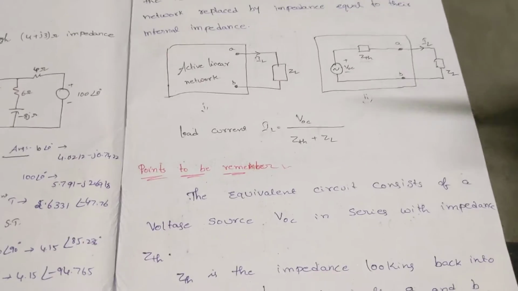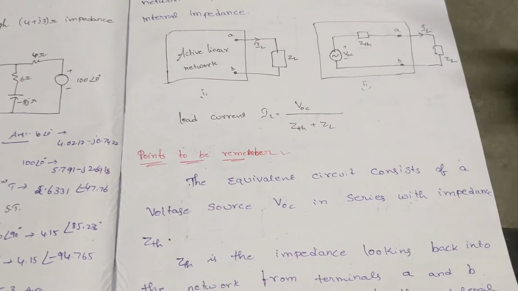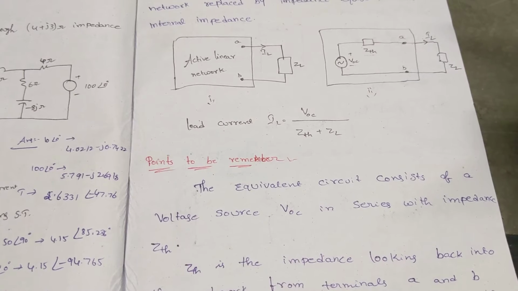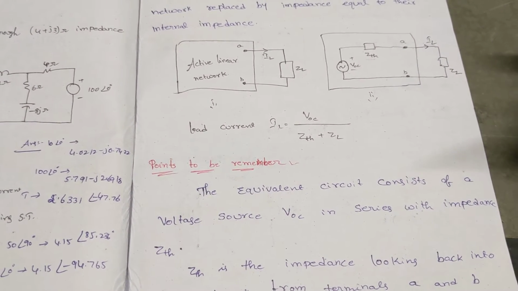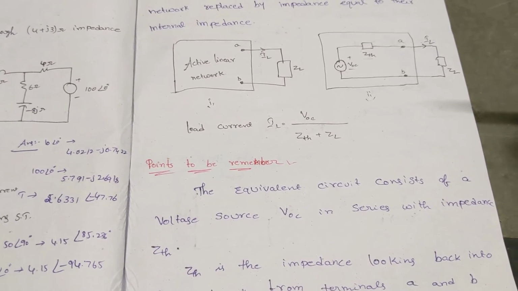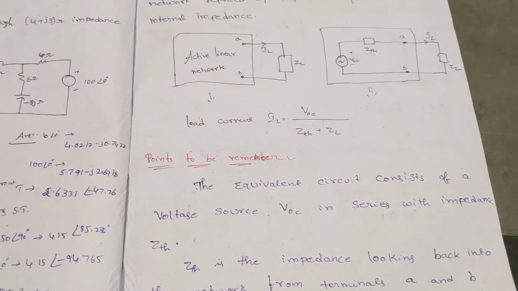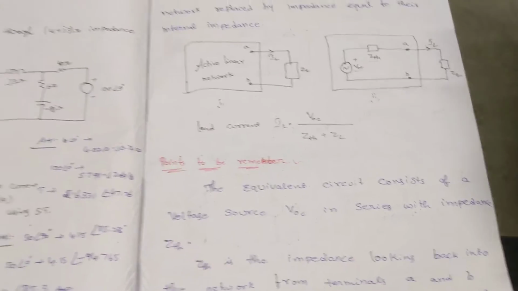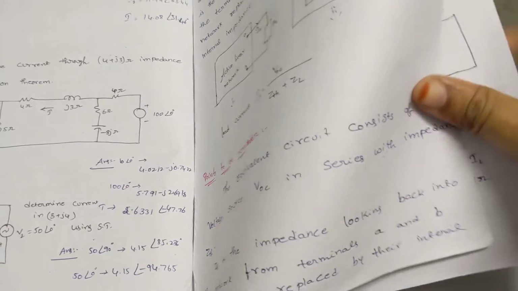First, find the open circuit voltage. Second, calculate the equivalent impedance of your circuit, which means reducing whatever sources we have to zero. It is better to understand when we go through a numerical.